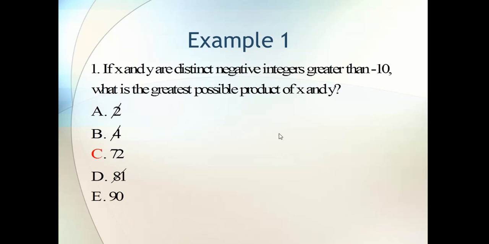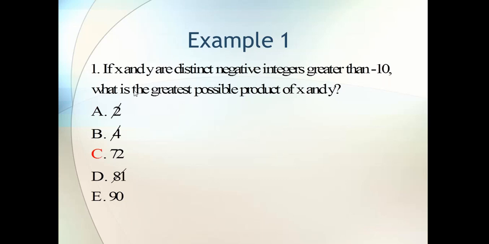All right, now this is an easy question, obviously, and you can actually find the answer immediately, straightforwardly. Why? Because it says x and y are distinct negative integers, meaning different, not the same number for x and y, and both negative integers greater than -10, which means from -9 until -1. Since we want 2 negative integers greater than -10, it has to be -9 and above: -8, up to -1.